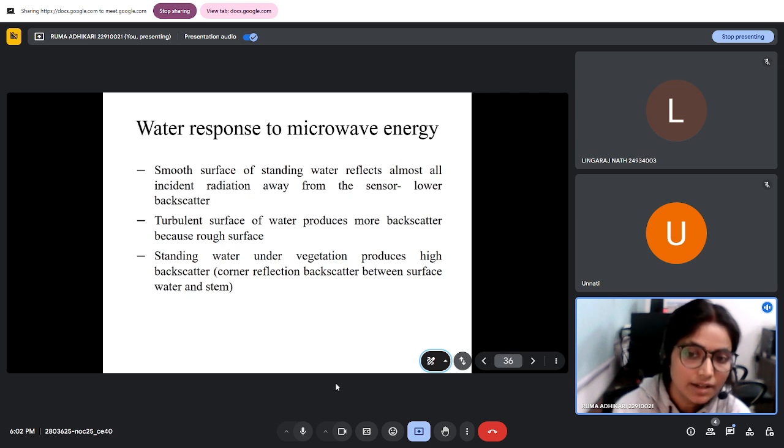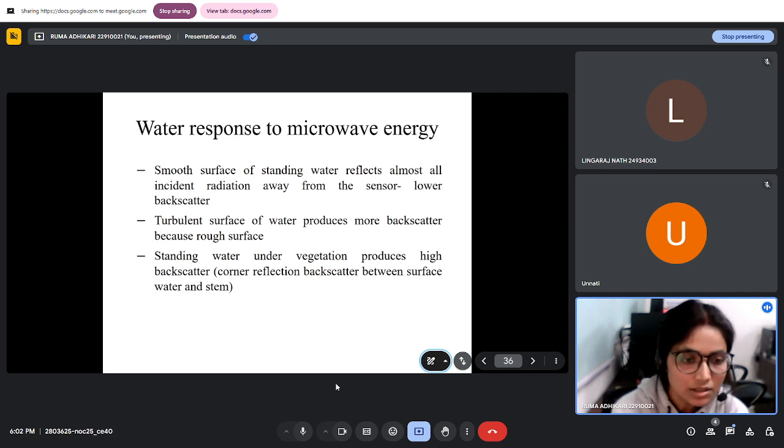Standing water under vegetation produces high backscatter. Why? Because of corner reflection backscatter between surface water and stem. When there is only the soil surface and tree trunk, the response is something. And when there is water, the surface gets smooth. It is not rough now like the soil surface.